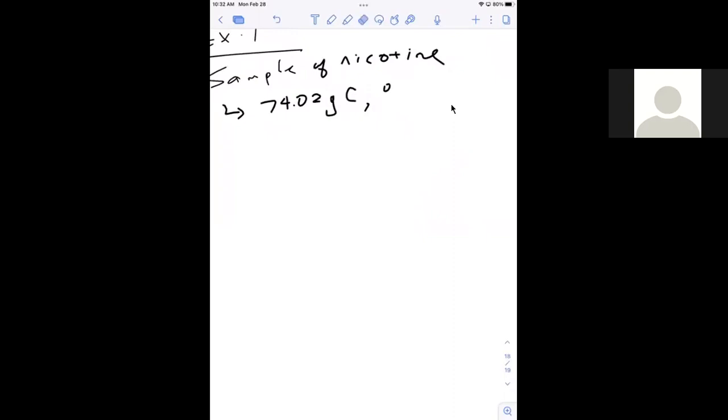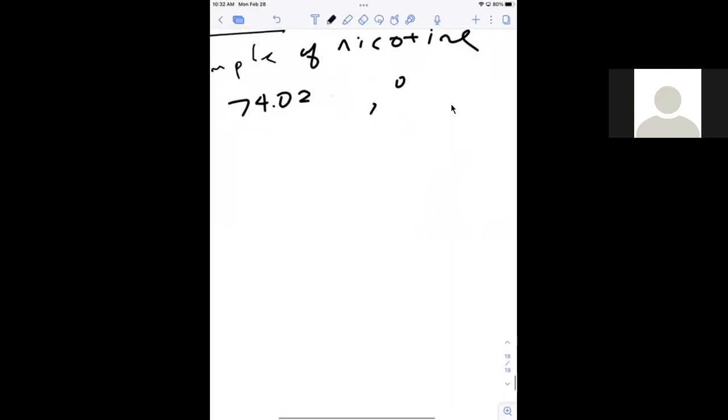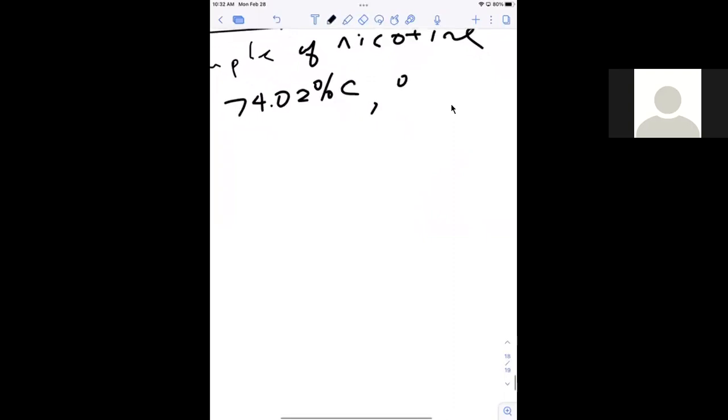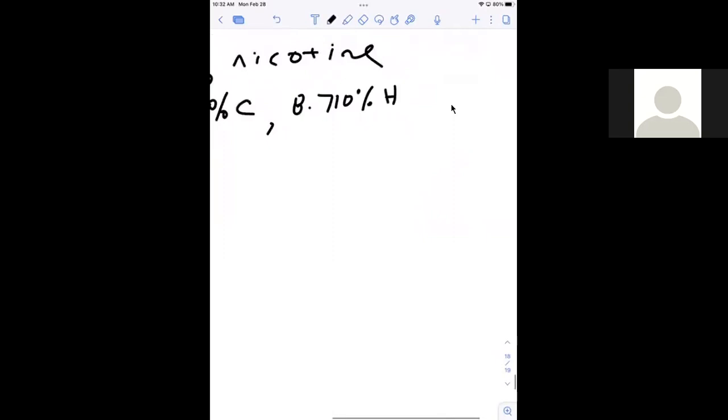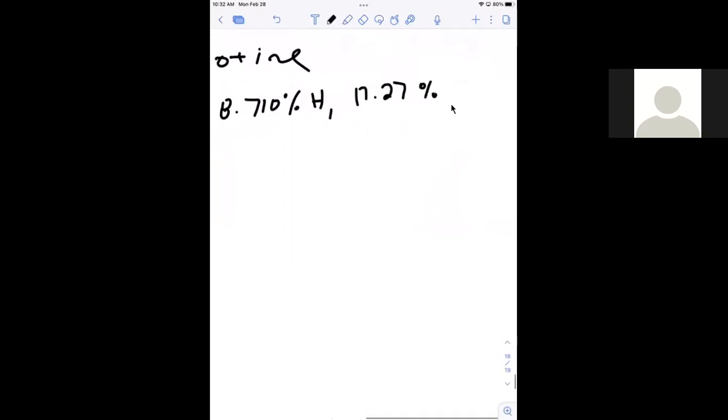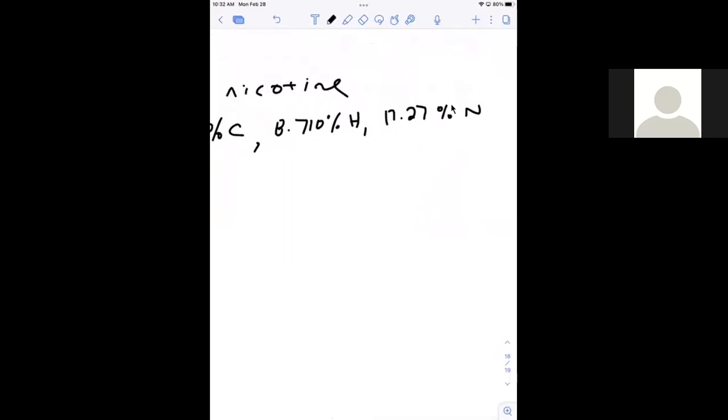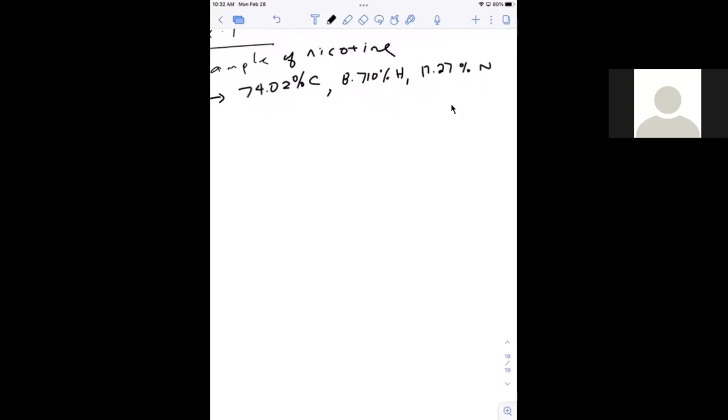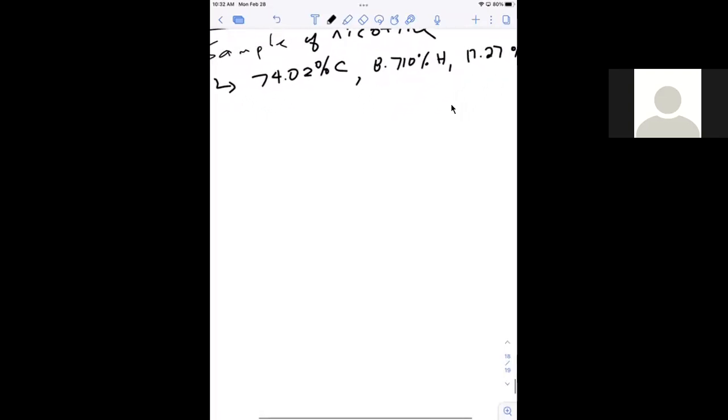I'm sorry, not grams, percent, my bad. 8.710%. We're going to convert this into grams though at some point, so we can get the number of moles. And then 17.27% nitrogen. All right. So now this is the percent composition.